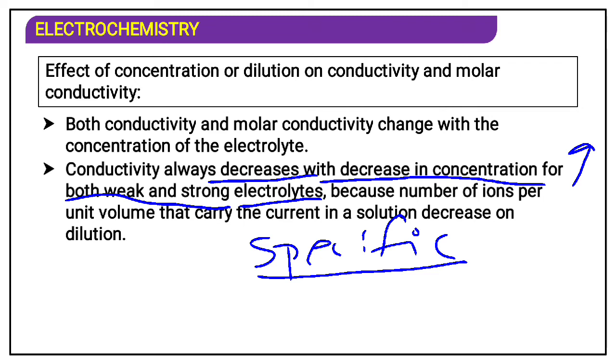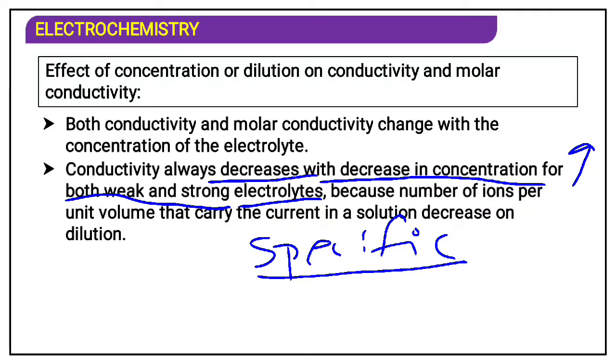When you increase the dilution or decrease the concentration, we can also write it as one word: increasing the dilution. For increasing dilution or decreasing concentration, this specific conductance or conductivity decreases. Conductivity has another name, that is called specific conductance.